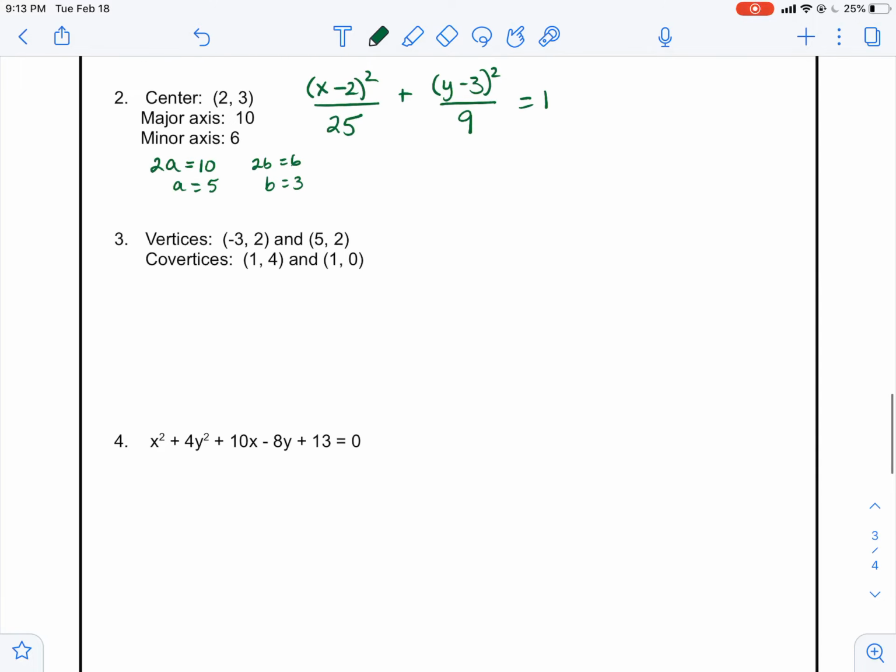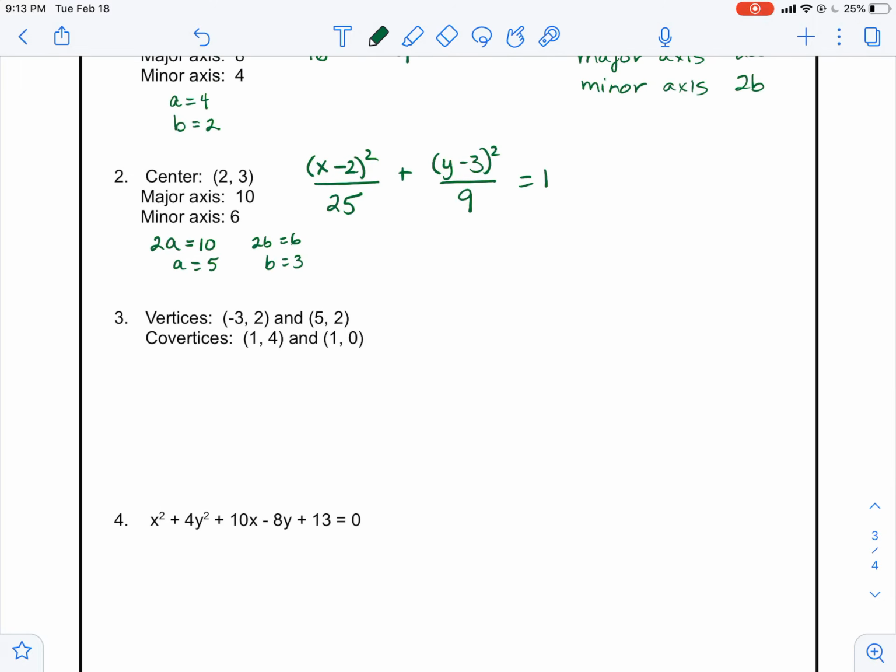Okay. The next one's a little bit different because I'm going to give you the vertices and the co-vertices. So if I tell you that your vertices go from -3, 2 to 5, 2, and if you need to, you could sketch that out.